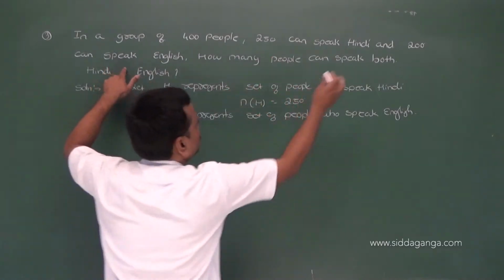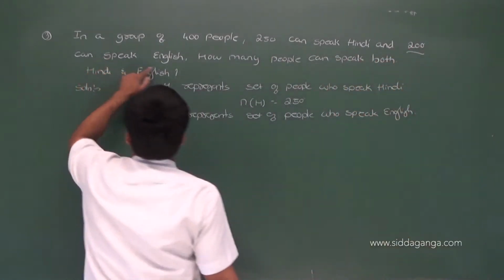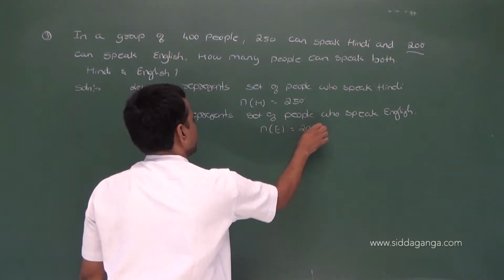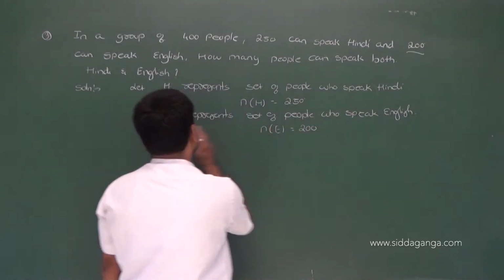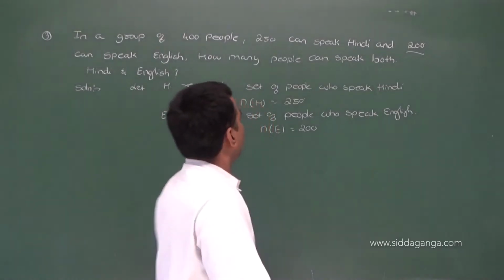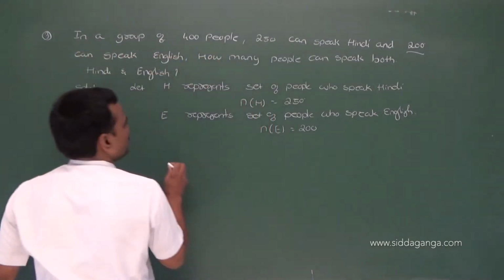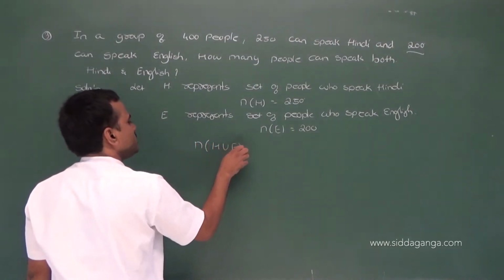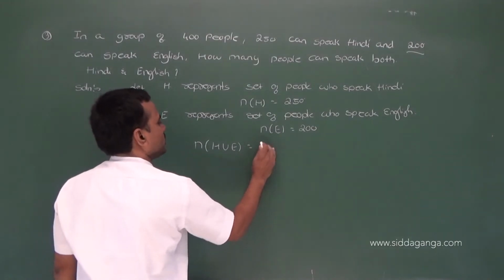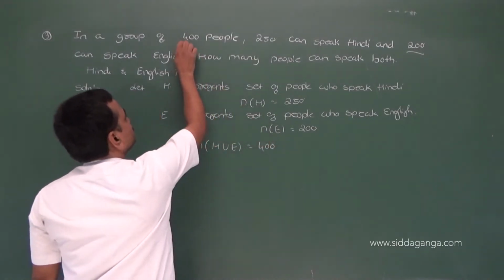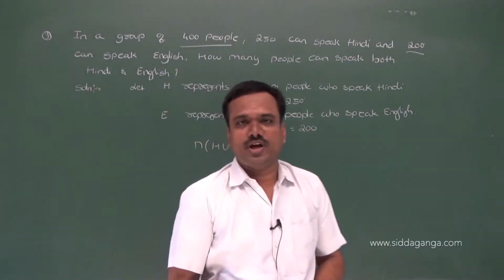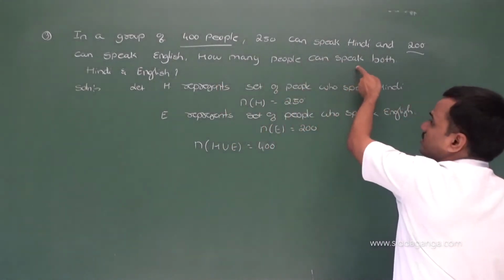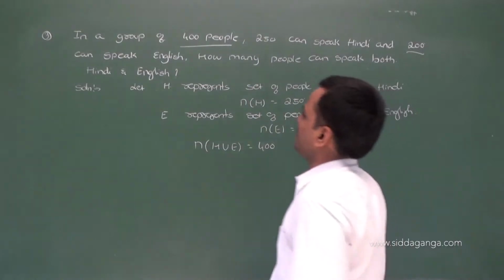So what is given? 200 can speak English, N of E. Alphabet E is there, that's why I take E. One more thing he has given: in a group of 400 people means N of H union E is 400. What does he ask? How many people can speak both Hindi and English?